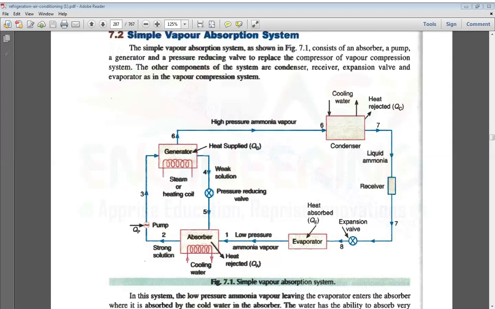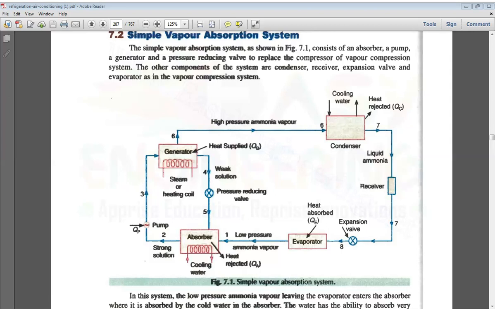The substance attains the required temperature, and the low pressure and low temperature liquid refrigerant is converted to vapor refrigerant. The low pressure and low temperature ammonia vapor enters the absorber.